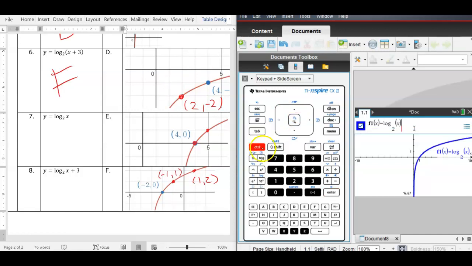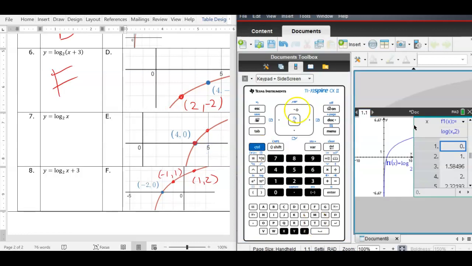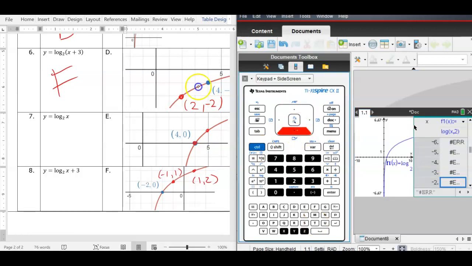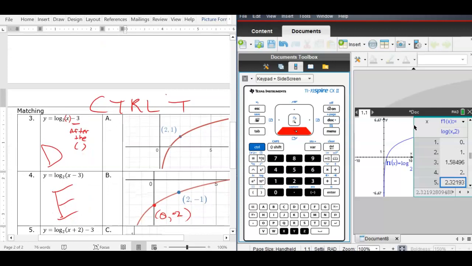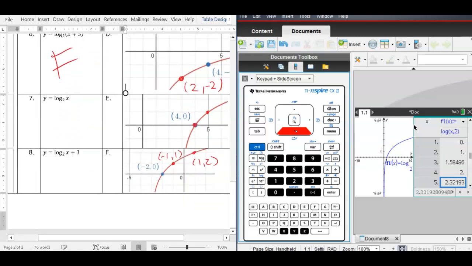I hit Control T, and these are my good points. All right, I got 1, 0, 2, 1. Hey, look at that. 1, 0, 2, 1. So letter A is my best bet.